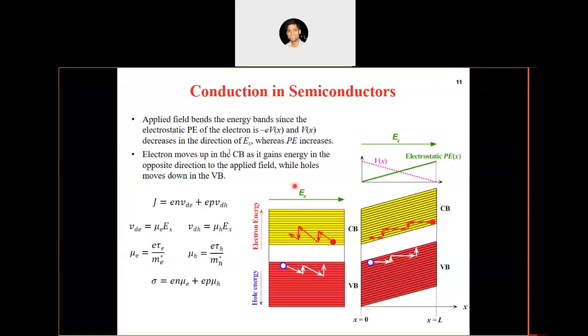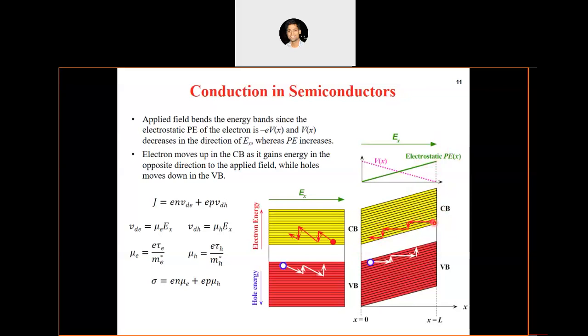This figure which we have drawn is for the electrostatic potential energy of the electron.